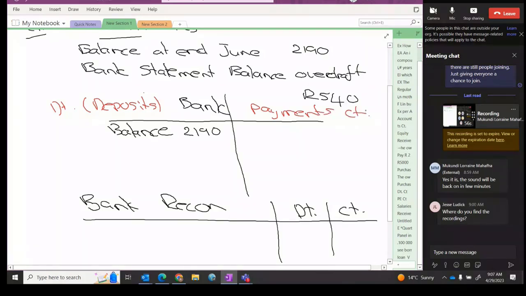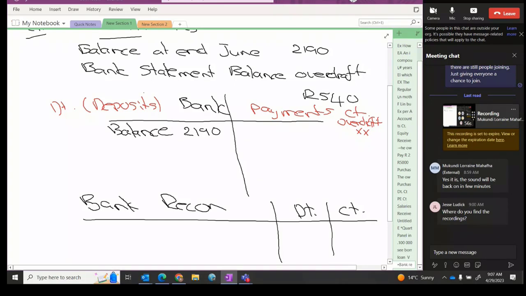That's the first thing that you must know. So in this case, they give you a balance. If they said that your bank is in overdraft, obviously then you will have a credit balance. But if they don't specify anything, you have a positive balance on the debit side. This is only if there's an overdraft, then obviously you put it on the credit side.